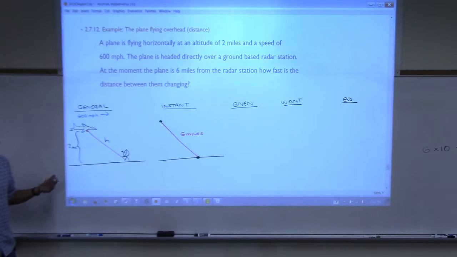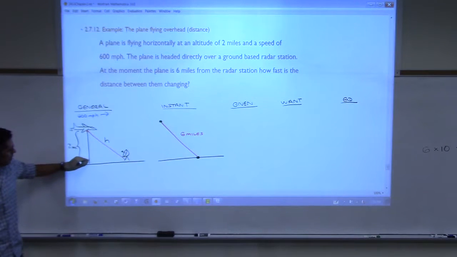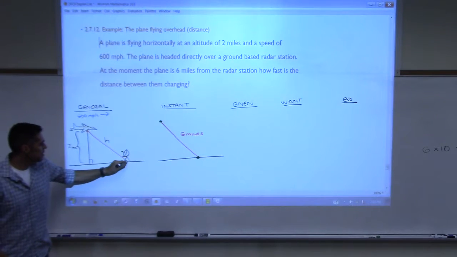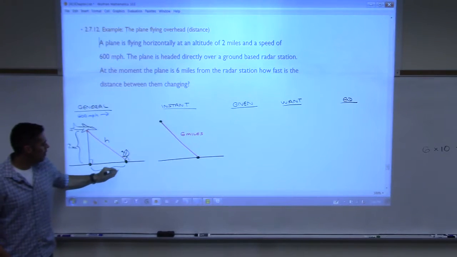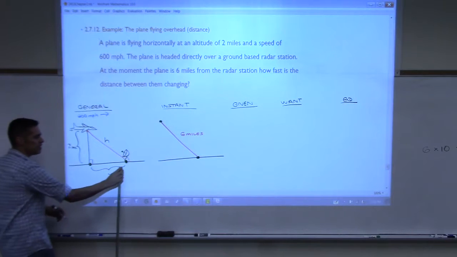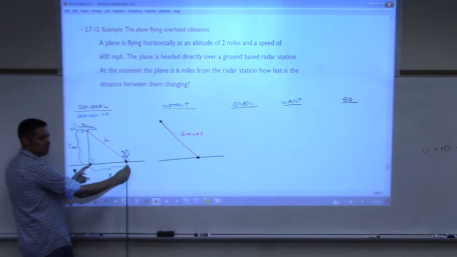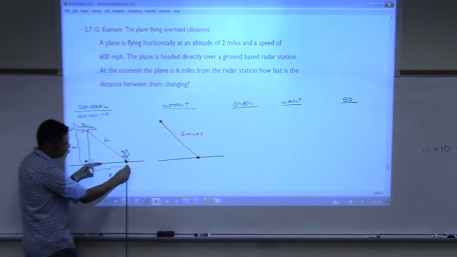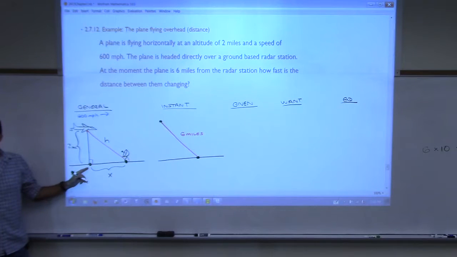So the horizontal. Okay, so you're going to have to draw a right triangle here, and say that the distance between these two points, we're going to call that x. Do you all agree with that? This point does not move. This point moves. And how fast is it moving? This point's moving over in that direction at 600 miles per hour.